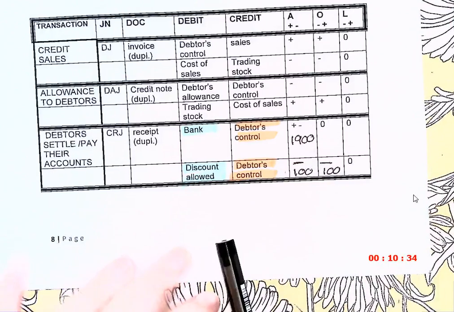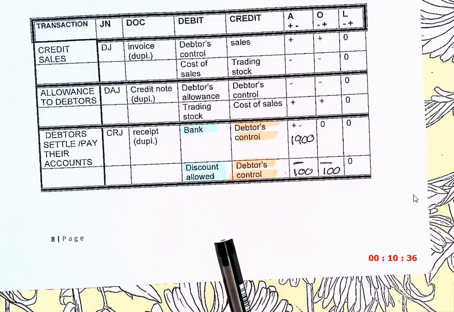So can you see, my debtors control decreases with 2,000 in the assets, but my bank only increases with 1,900 in the assets, because the other 100 rand I'm never going to receive. Yes. And that's why I put it with the expense, because in the end it's going to make my profit less. Is everybody sharp? Yes.